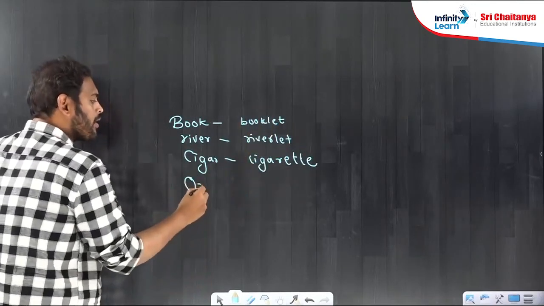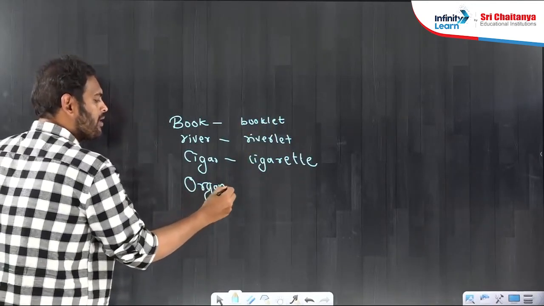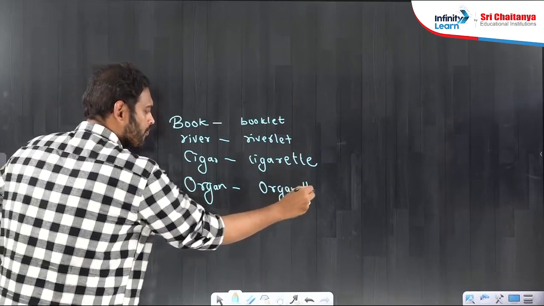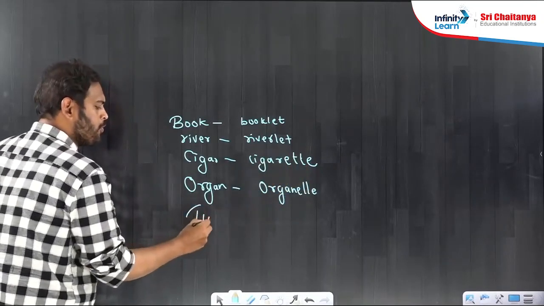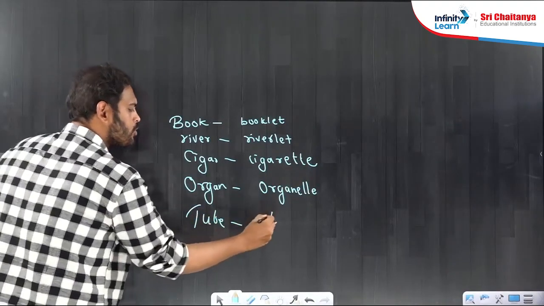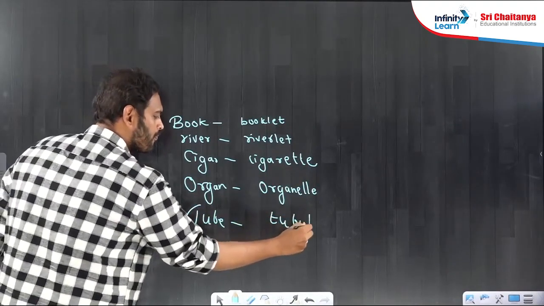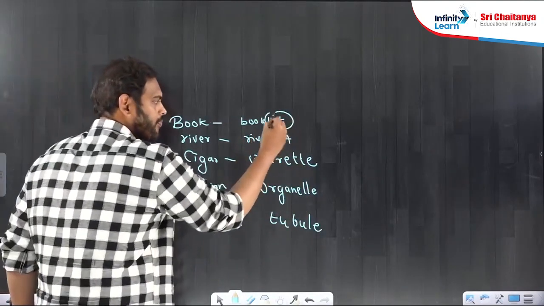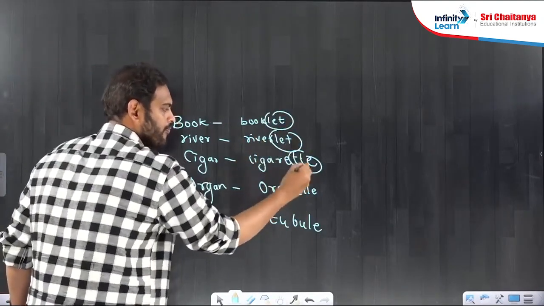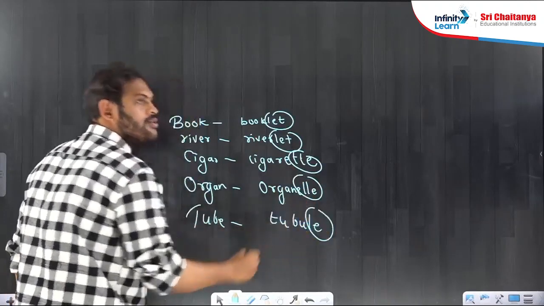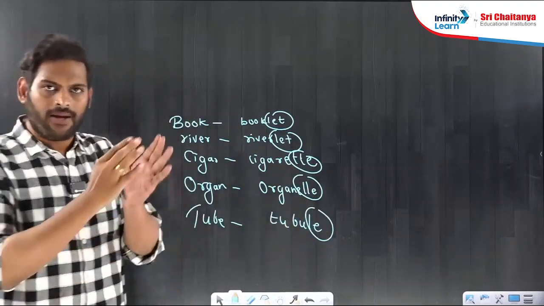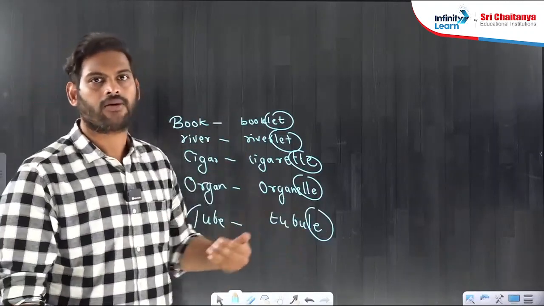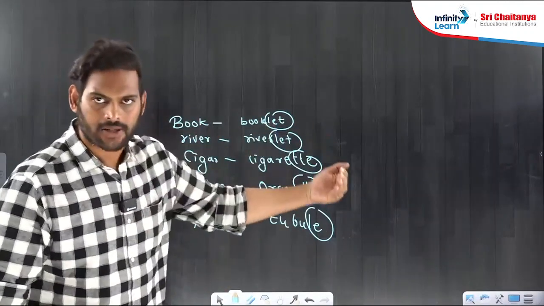Big thing is organ, small thing is organelle. Big thing is tube, small thing is tubule. If you add a suffix, the size of that structure will be decreased. Book, booklet, river, riverlet, like this.